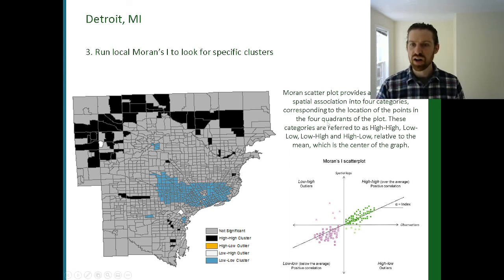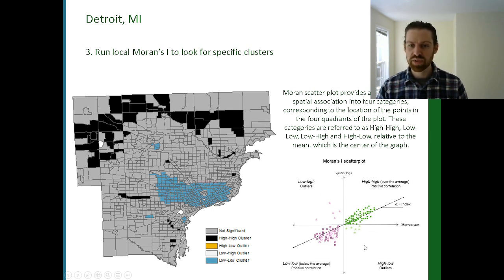These categories are high-high, low-low, low-high, and high-low relative to the mean. If we have high-high, they're above average and correlated. If they're low-low, they're below average and positively correlated. And low-high or high-low are basically outlier areas.